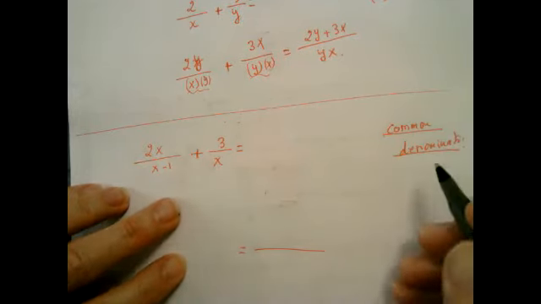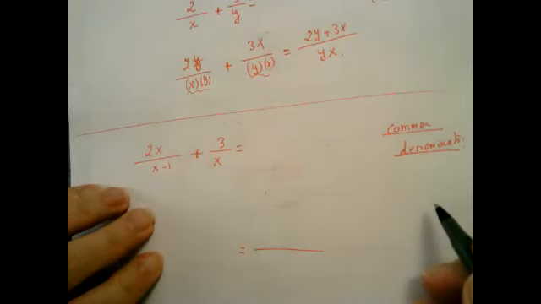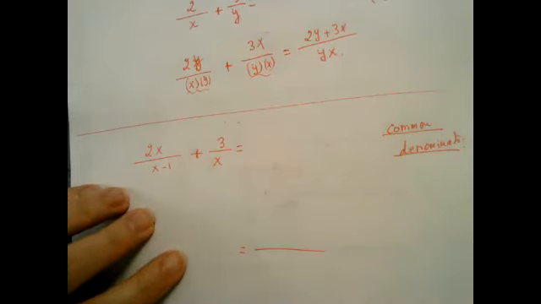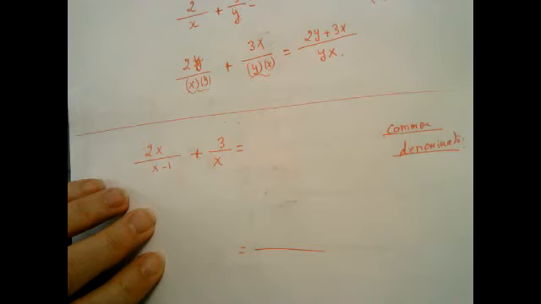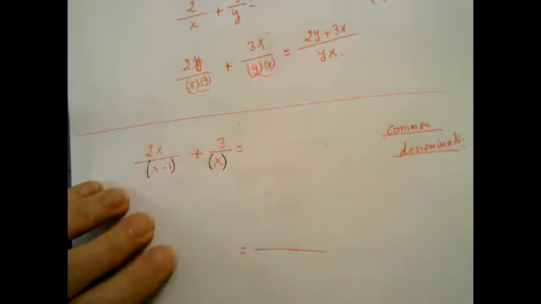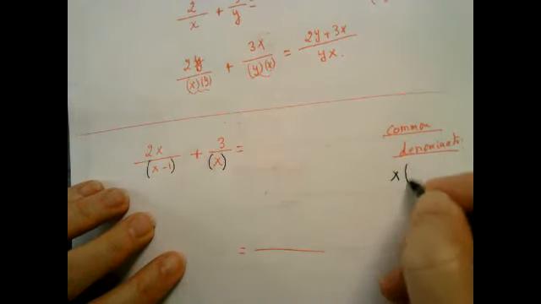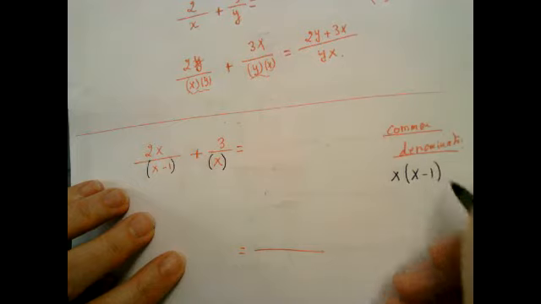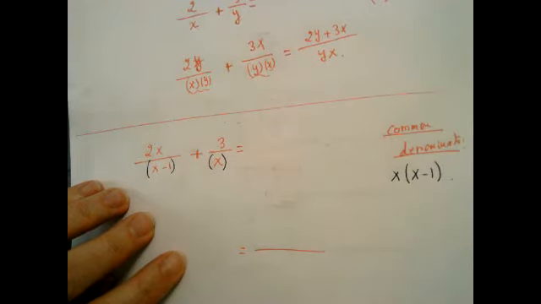What did you find? What's going to be the common denominator, you think? I'm not having answers. Right, it's the product. Whatever here times whatever here, that's my common denominator. So it's going to be x multiplied by x minus 1. It's just a product.